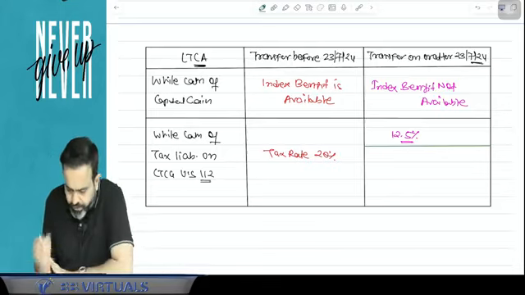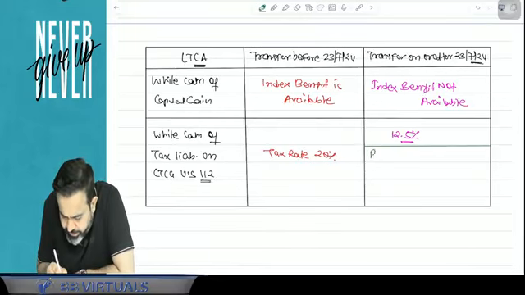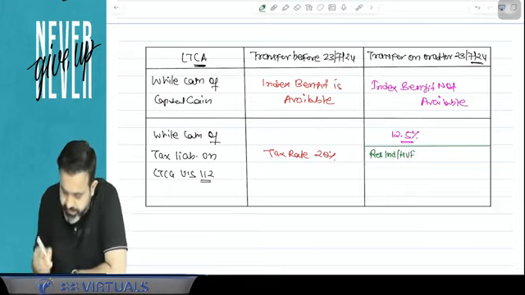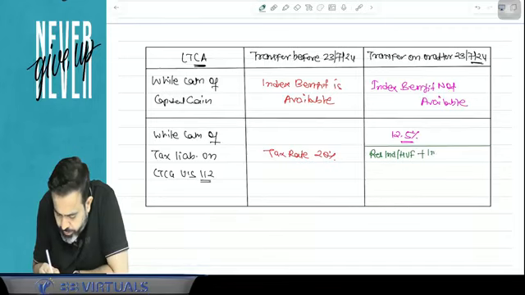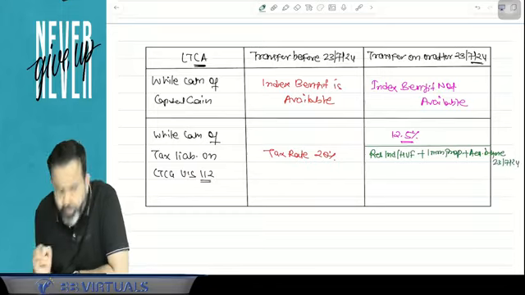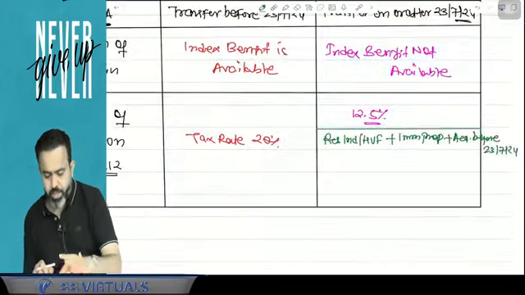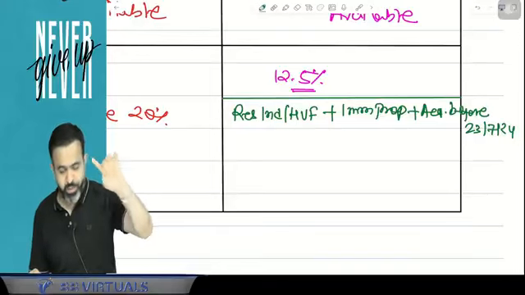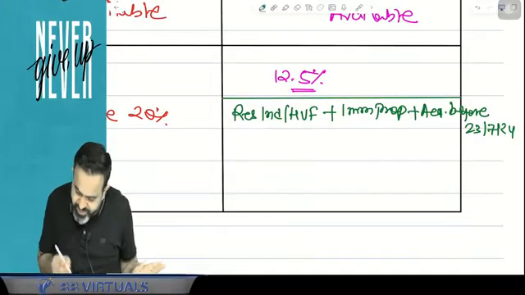Condition, there are four conditions. First is, if the assessee is a resident individual or HUF, plus that asset should be immovable property, and the asset is acquired before 23rd July 2024, means you have acquired this asset before 23rd July 2024, then what will be the tax liability?